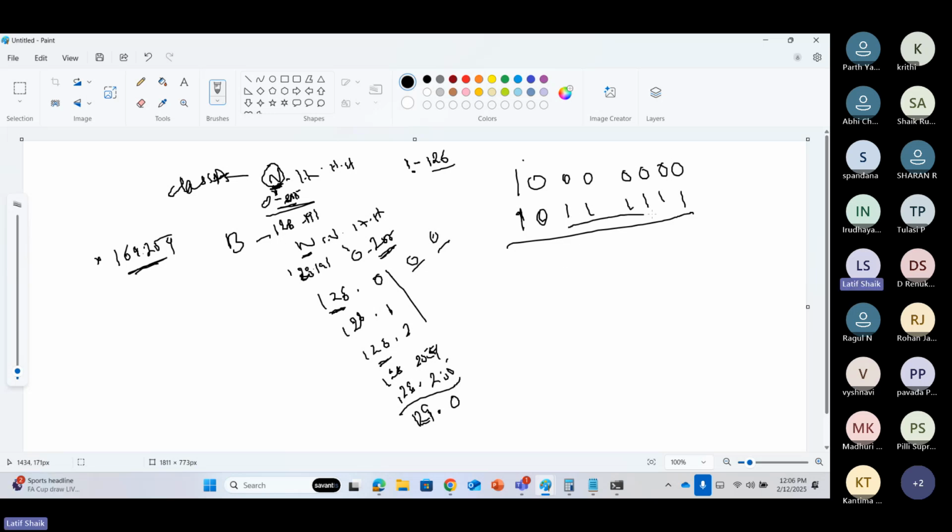Plus this 63. So 63 into 256, those many networks you are getting. In class A, the number of networks is 126 only. But in class B, 63 into 256 networks we are getting.